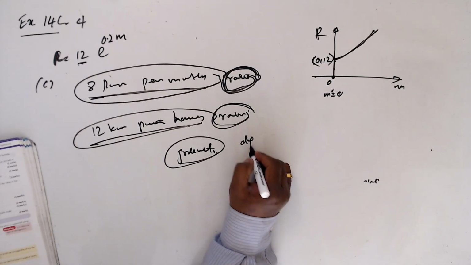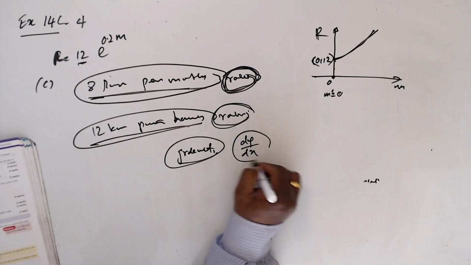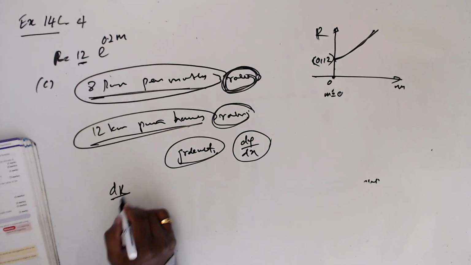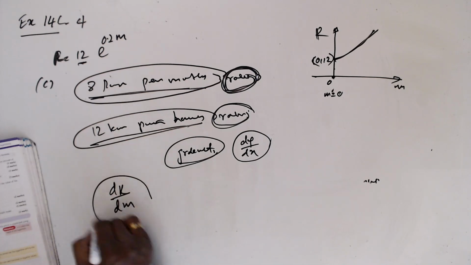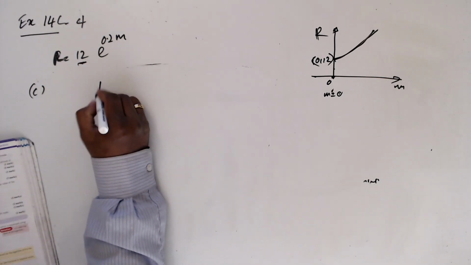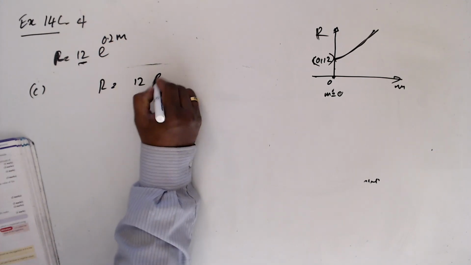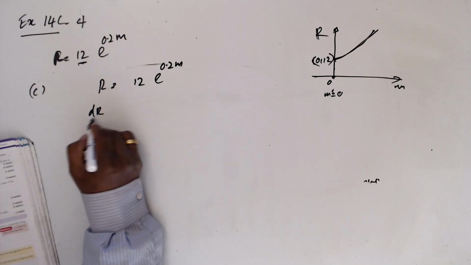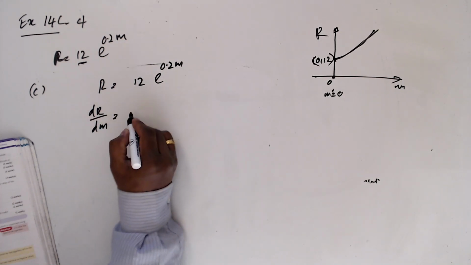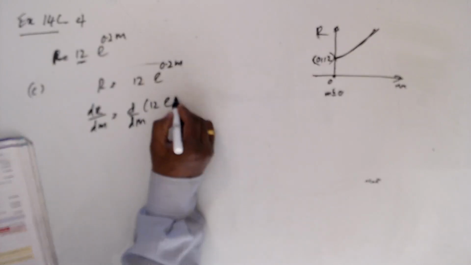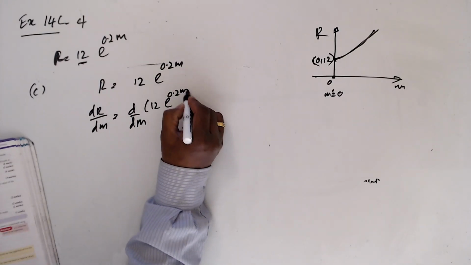Or gradient, we can write dy by dx. In here it is going to be dr over dm. So I'm going to differentiate this one. So dr over dm equals d over dm of 12 e to the 0.2m.